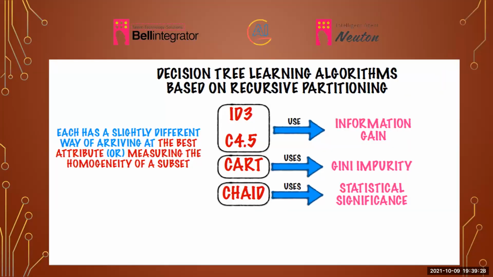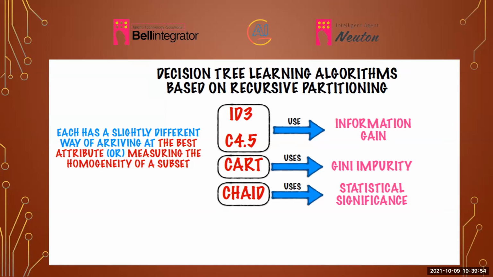So before going there, now that I have pointed out information gain and Gini impurity, different models use different parameters for splitting. For ID3 and C4.5, they use information gain as their splitting criterion. For CART, the classification and regression trees, they use more of Gini impurity. So that's why Gini impurity is more popular now.